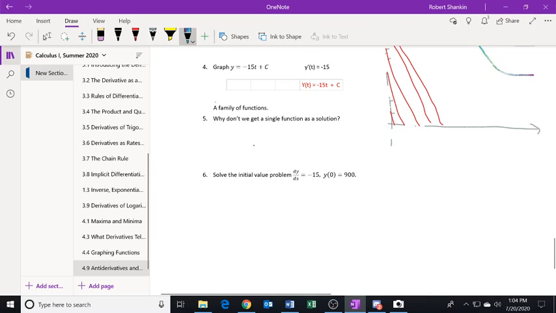Anybody in group 6 want to offer a possible explanation? Why don't we get a single function as a solution? It would be because of the constant. That's right. When you take the derivative of an arbitrary constant, you always get 0.